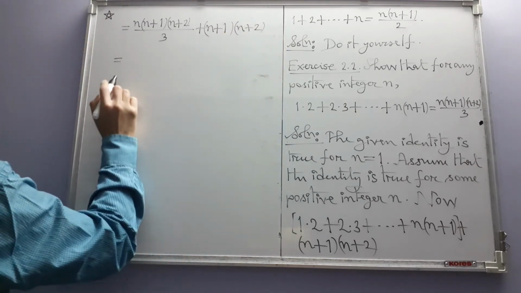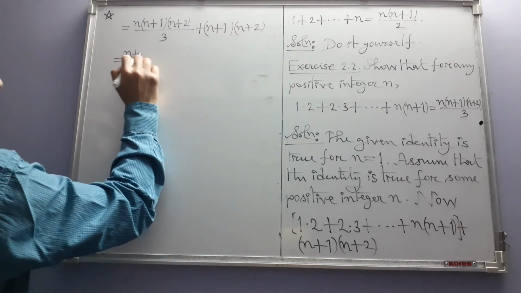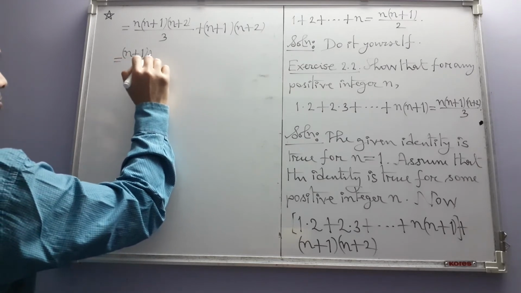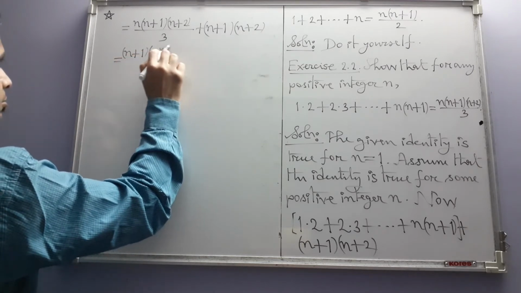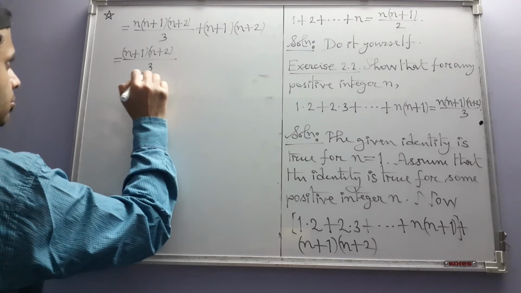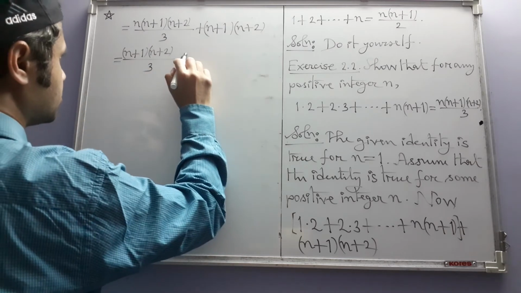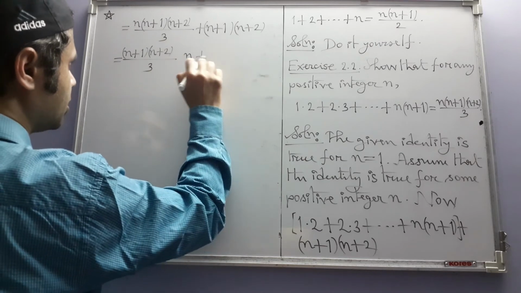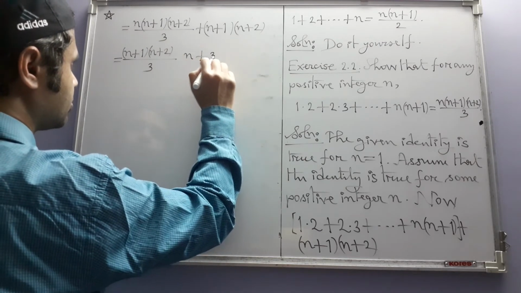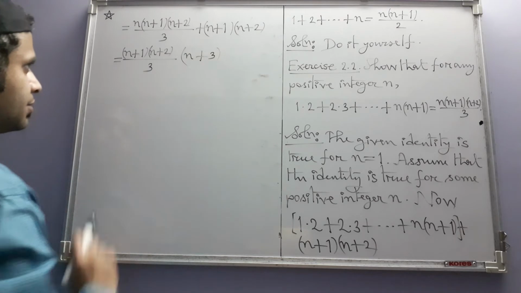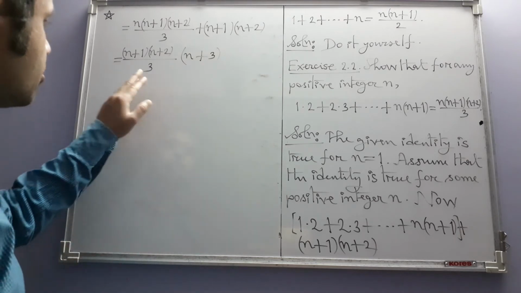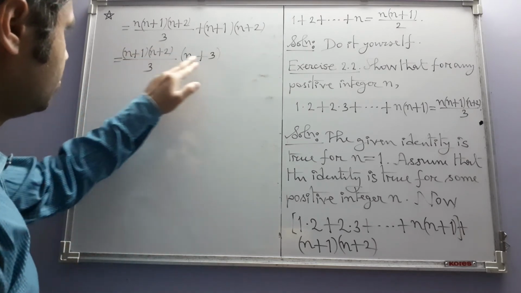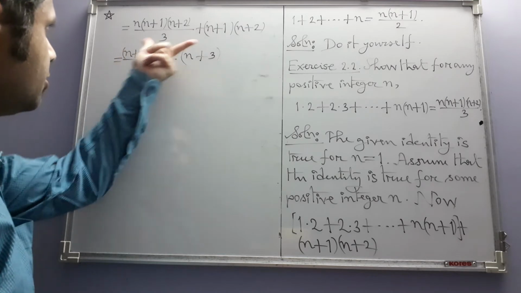So we can now take this thing outside. In the first term n will be left out, and in the second one, adjusting everything, you will have 3, so that when you multiply this with 3 you get this numerator.